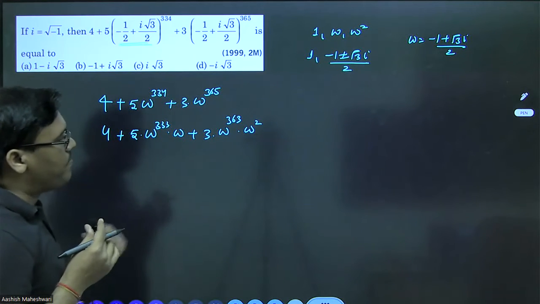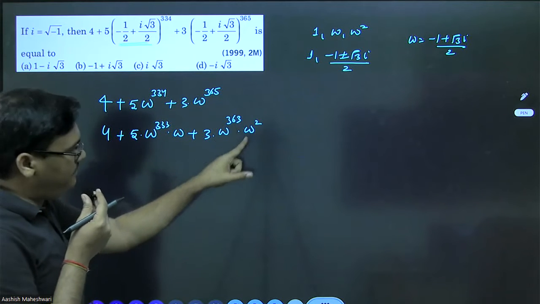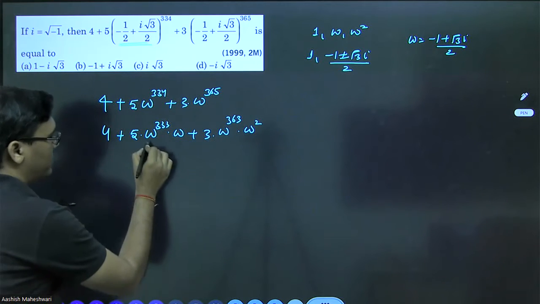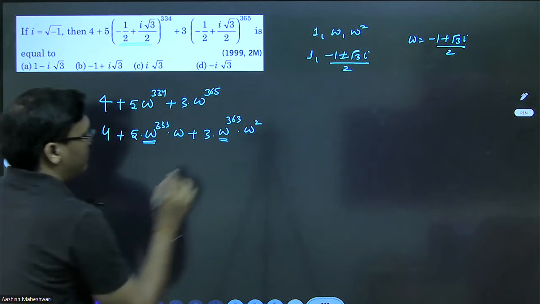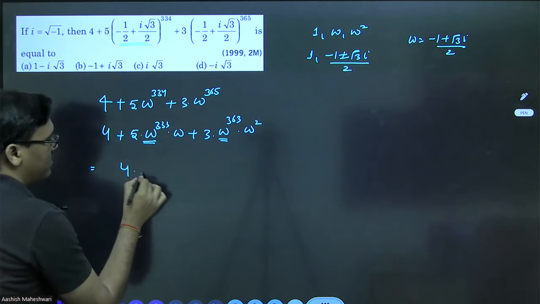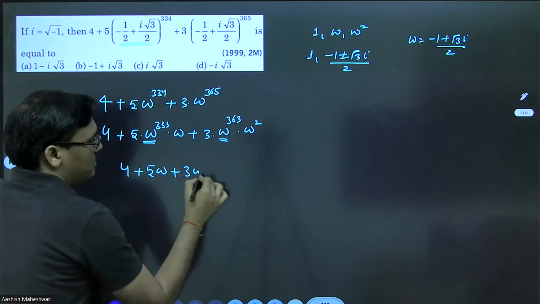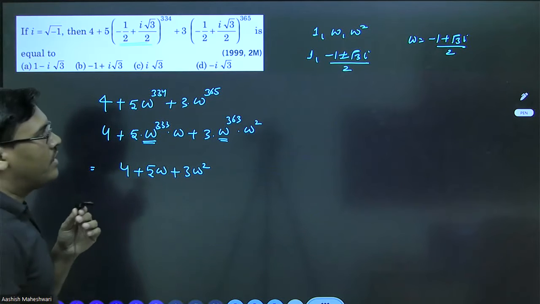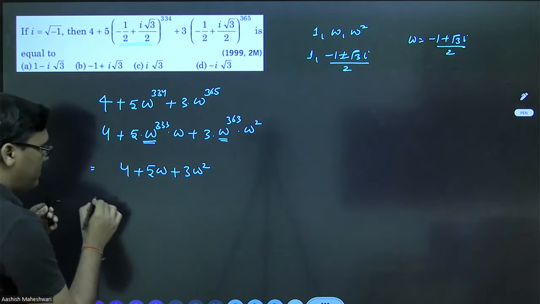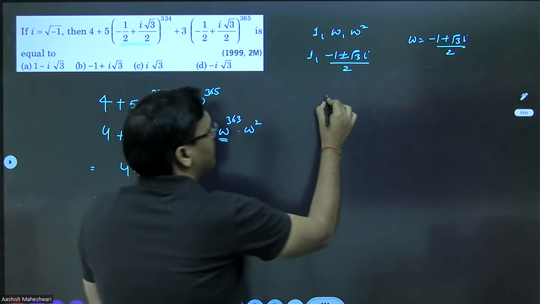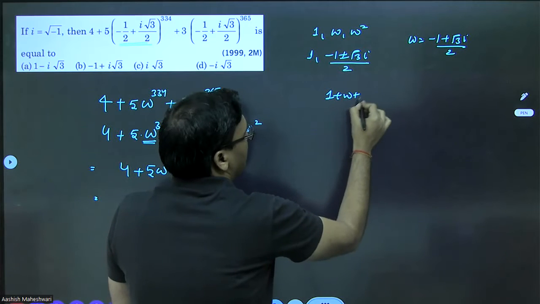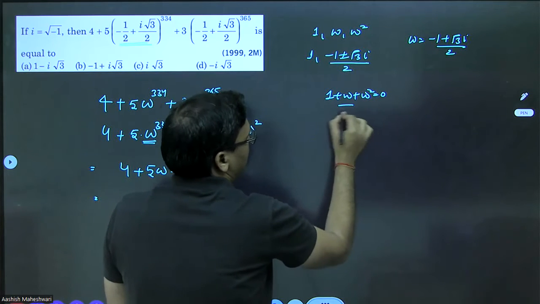I hope this is clear. 363 is a multiple of 3, so this will become 1, and this will become 1. So what is this value? This is 4 plus 5 omega plus 3 omega square. Now, how can you further simplify this? We know 1 plus omega plus omega square is equal to 0.